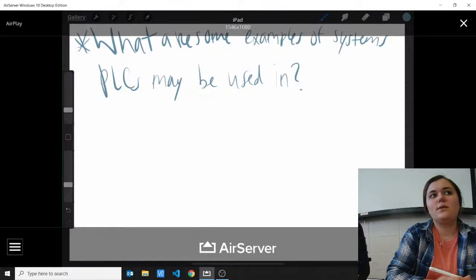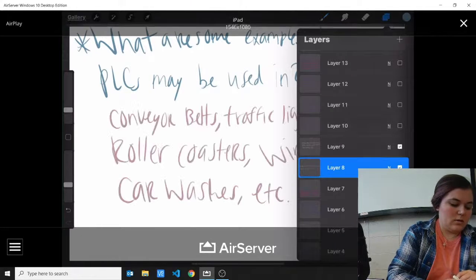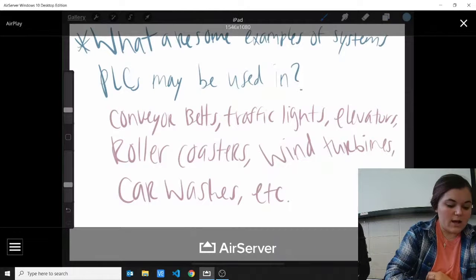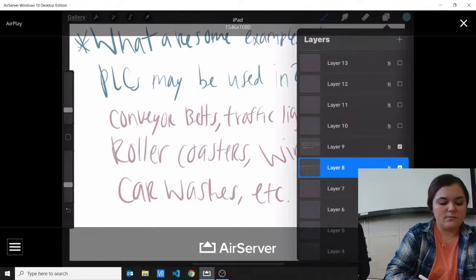Like they could be used in traffic lights. You don't think of it like that, but they are. Some examples would be conveyor belts, traffic lights, elevators, roller coasters, wind turbines, car washes, etc. You don't think that when you're going through a car wash, this might be being controlled by a PLC, right?